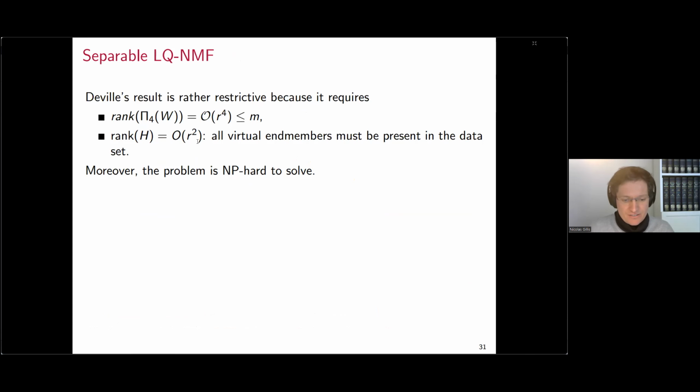If, let's say, you never measure the grass, the tree that projects on the road and then back to the camera, then you will not be able to have this uniqueness condition. So you need that every pair of materials at some point interacts, which is not very reasonable. Also, you need this matrix P4 to be full rank, which requires the number of spectral signatures to be quite large. For example, if you have 10 materials in the image, you need the number of spectral signatures to be like 1,000, which is not reasonable either.